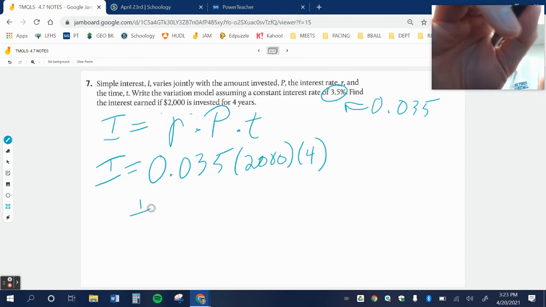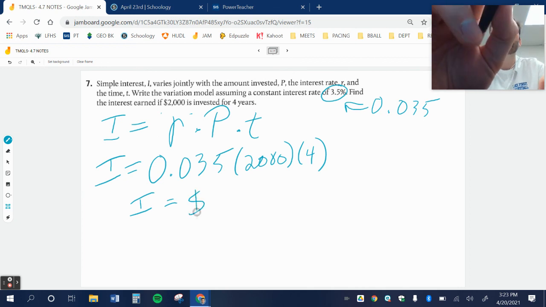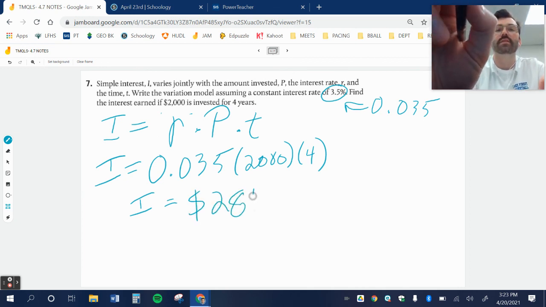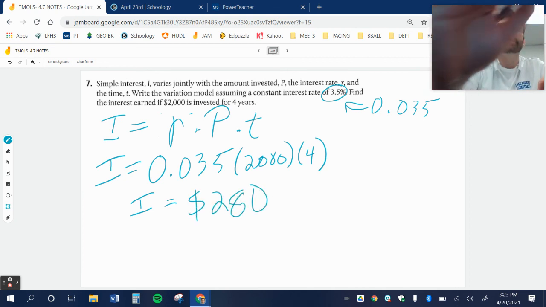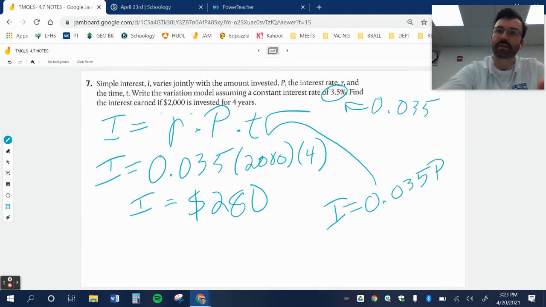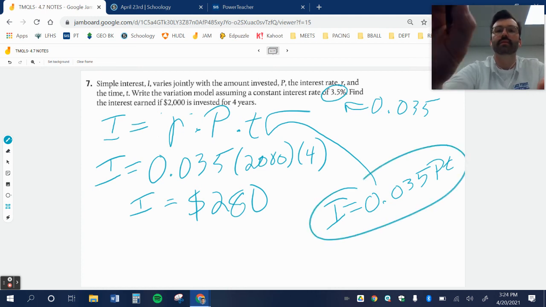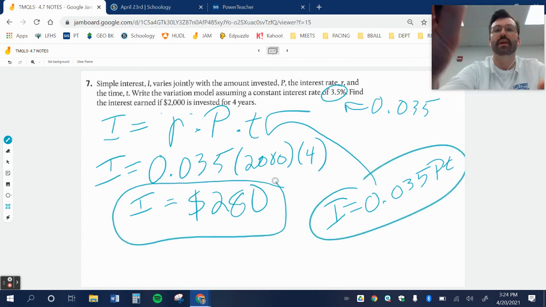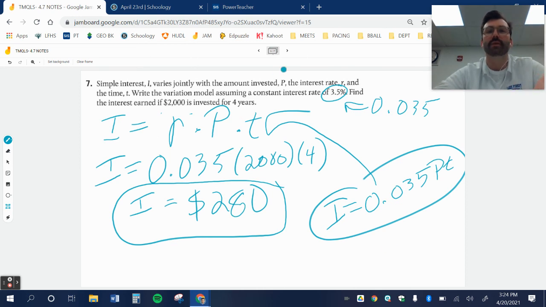And you should get 280. So this equation would be I equals 0.035 PT. That's what the equation would be using the values, and this is how much interest we would have. We deposited $2,000 over 4 years.